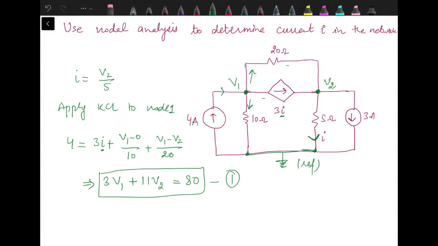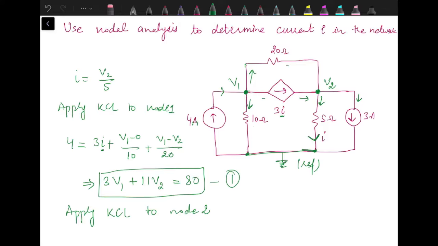Next step is we have to apply KCL to node 2. So when we apply KCL to node 2, 3 ampere is leaving this node, then the current in this branch, that is current I, again leaving the node. 3I is flowing towards the node, that is an incoming current.